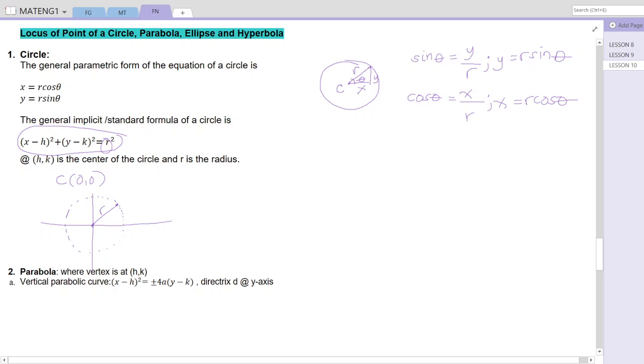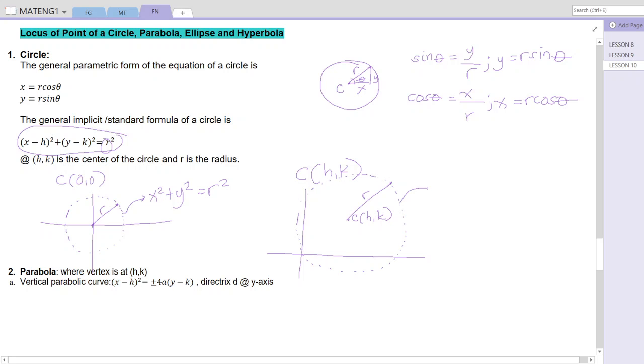So the equation of the locus of points here is x squared plus y squared, since (h, k) is at (0, 0), equal to r squared. Or say, for example, if the center is at (h, k), in the rectangular coordinate system, and this will be the radius, equidistant from the center, so it forms a circle.